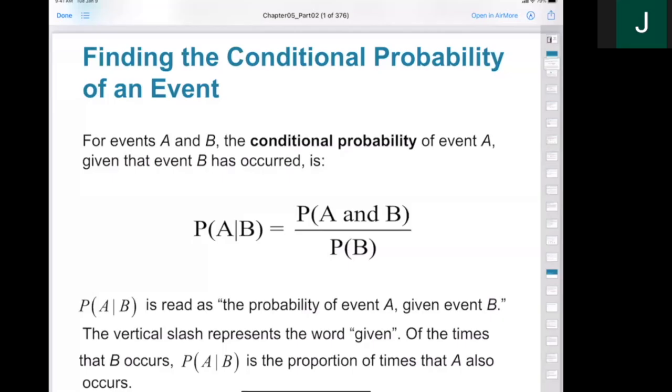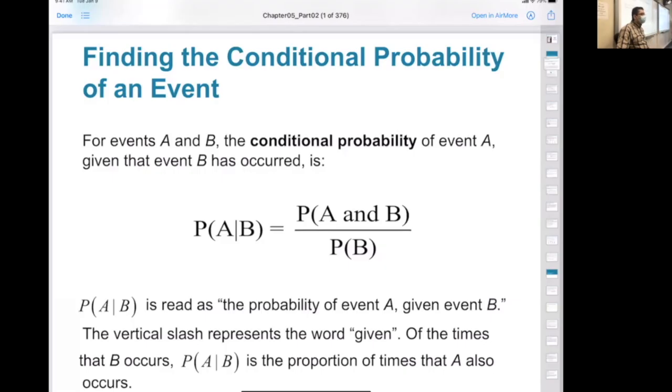As you can see here, for example, if you have A and B, two events, for a conditional probability of event A, given that event B has occurred, just look at this, given that event B has occurred, so we have this information in advance. Okay, what is the probability of A?